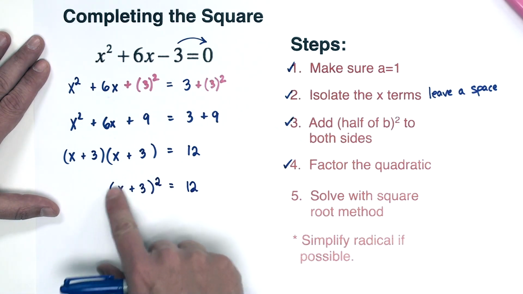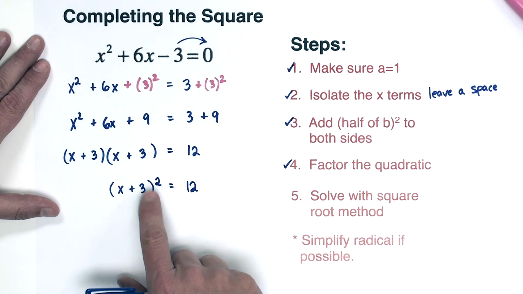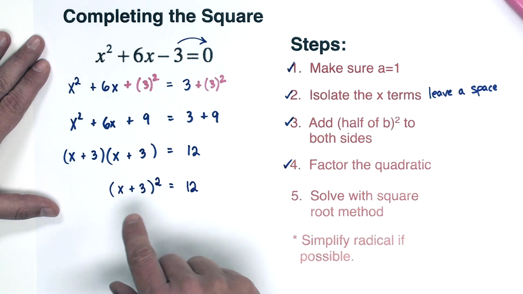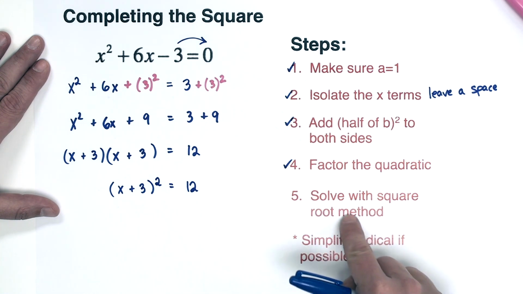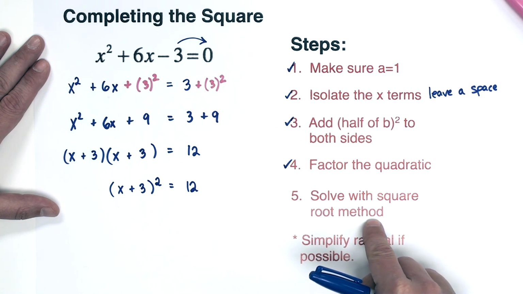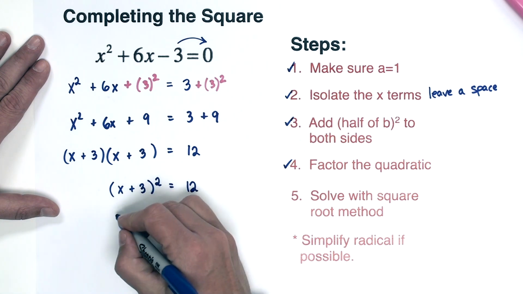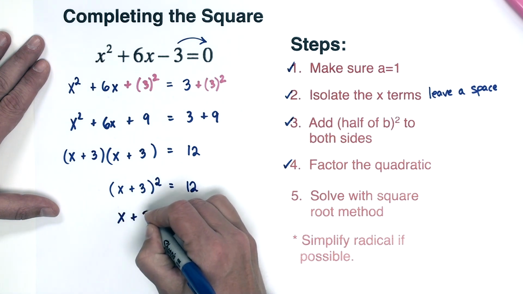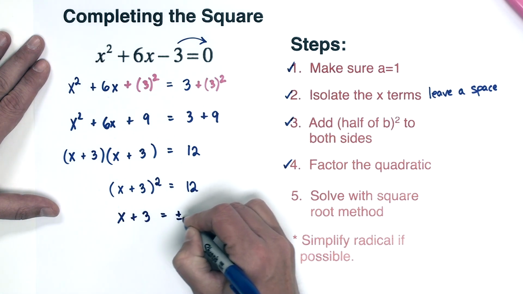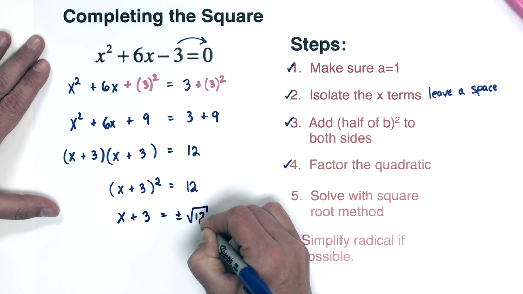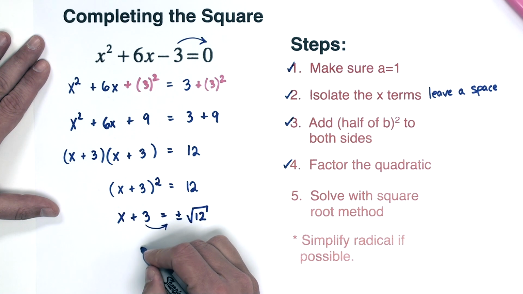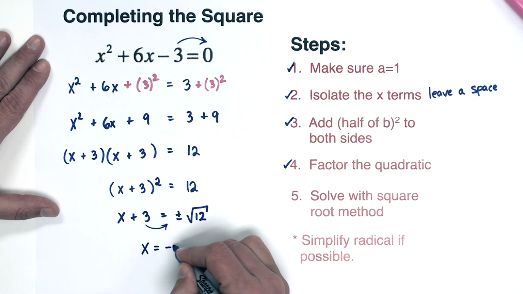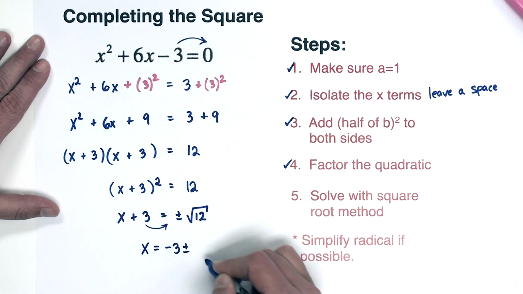I now have a square binomial, and we know what to do with a square binomial. We can now solve this with the square root method. Okay? So I'm going to take a square root of both sides. And then I'm going to take that 3 over, so x equals negative 3 plus or minus.